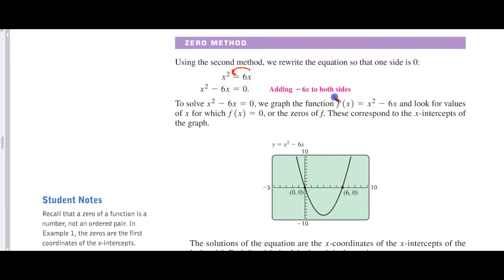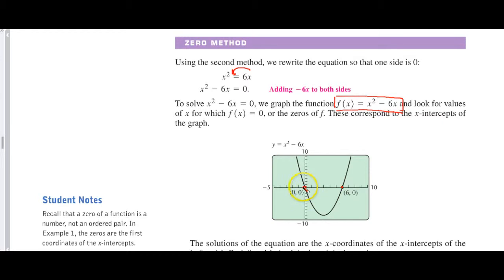Now, if we were to put that into a graphing calculator, it would look like this. Now, an interesting thing, the parabola that comes from graphing this quadratic equation passes through the x-axis at this point and this point.